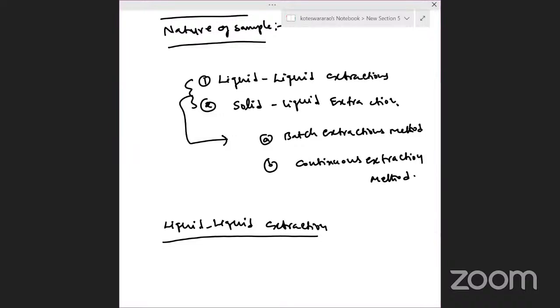Or if it is soluble in the aqueous solution, then usually we can use different kinds of organic solvents.